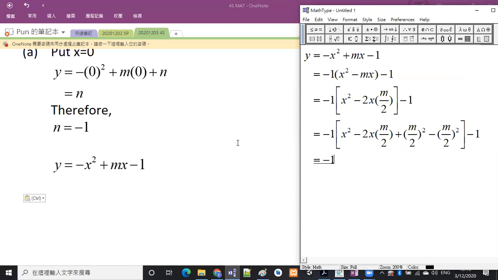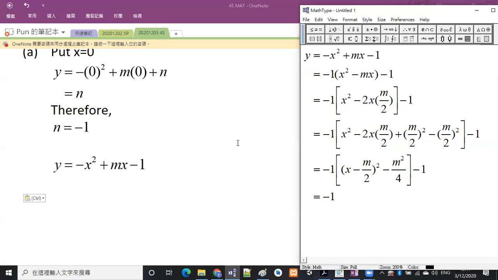Okay, and then the first three terms will form a perfect square. So (x minus y) squared, and then minus m squared over 4 minus 1. And this is negative 1.